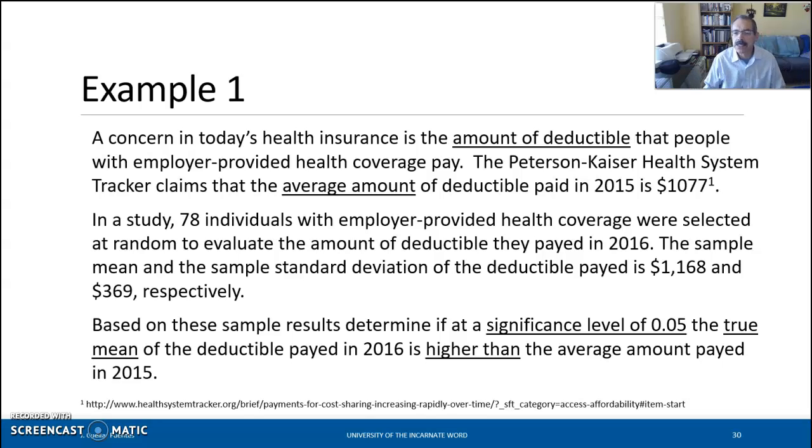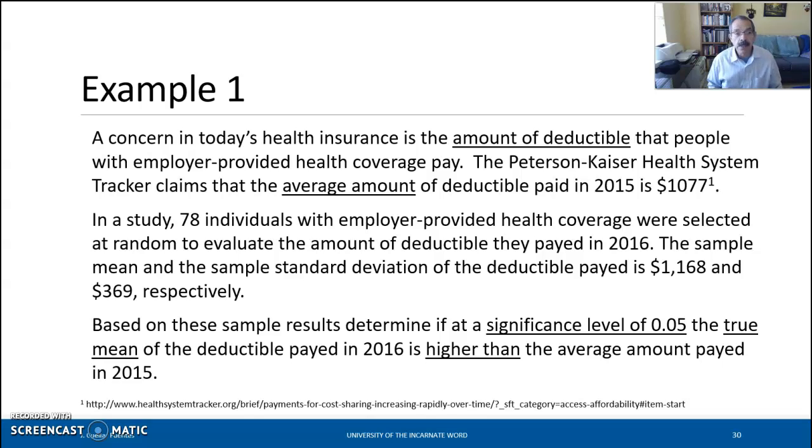I underlined the significance level, 0.05, and the true mean. The true mean means mu, the actual mean of the population. And "higher than" is keying you into what the alternative hypothesis is. So when you read these problems, read them very carefully so that you can summarize the information that is given to you.